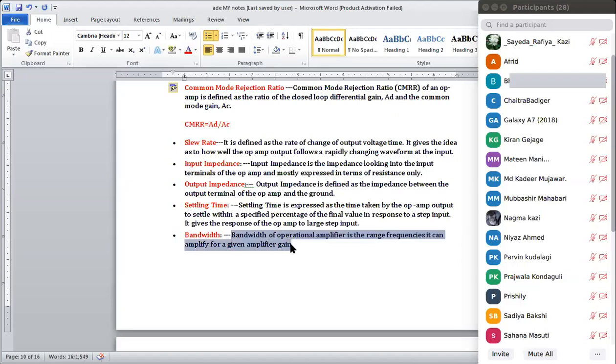Right. Then the bandwidth. The bandwidth of an op-amp is just a range of frequencies it can amplify for a given amplifier gain. There will be a particular range of frequencies that apply to an amplifier.